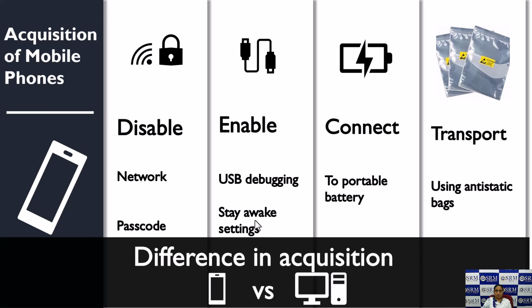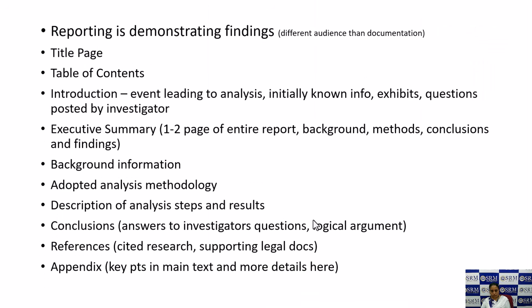To decrypt the password from a mobile phone, we require a highly costly hardware cum software tool, which is available only with the police departments or some other crime departments, and to use that, we have to get permissions. It's better that during acquisition itself, we get the phone in the stay awake settings. That's the easiest way.